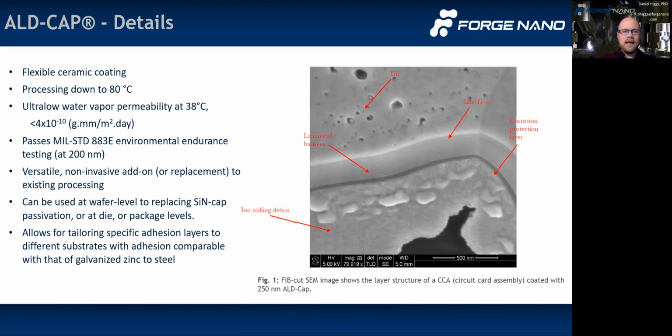The ALD-CAP can be used at the wafer level to replace silicon nitride cap passivation, or at the die or package levels, and it can also be tailored with specific adhesion properties to result in extremely good adhesion to different materials. And in fact, we've been able to get adhesions that are similar to that of galvanized zinc on steel, which is ridiculously good.